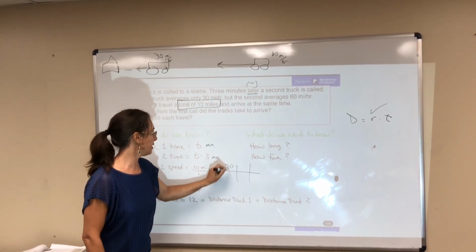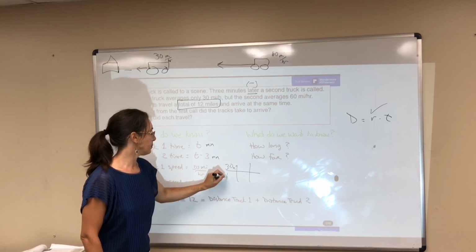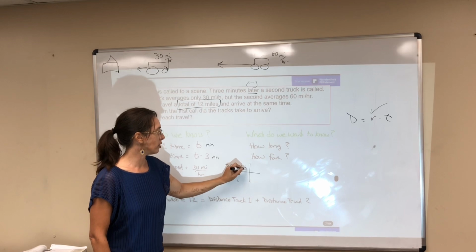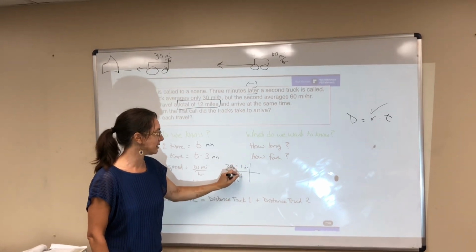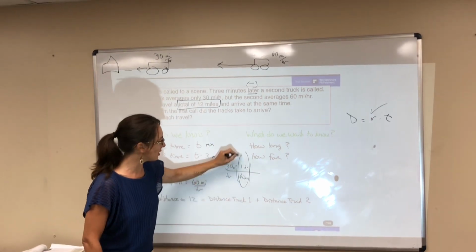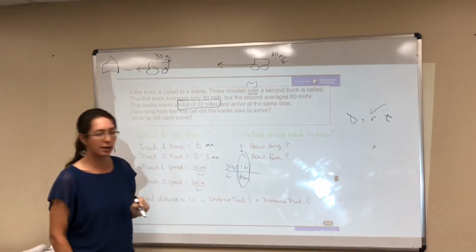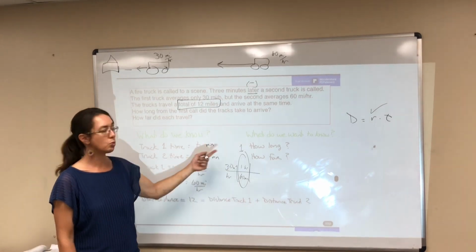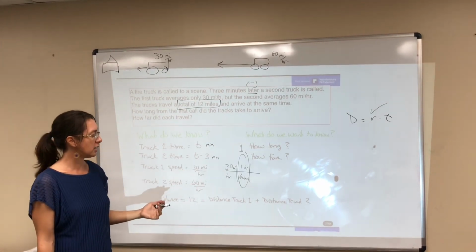If we have 30 miles per hour, our units have to cancel, so 1 hour is 60 minutes. So here's our conversion factor. This is equal to the number 1, right? Because they're equal to each other. So I'm just multiplying times 1, which means I'm not really changing anything.